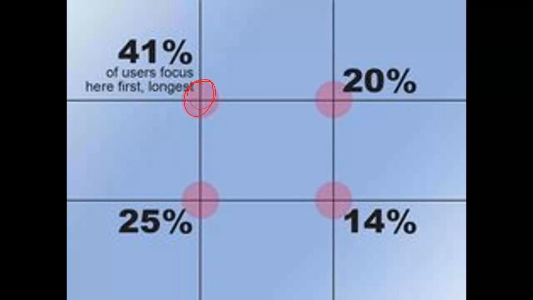Then 20% stared here the longest, 14% stared here, and 25% stared here. We tracked their eyes and where they looked on pictures. So we said, well, let's create crosshairs right here, right here, right here, and right here, and then let's connect those. And now we've got those drawn thirds like this, and we created this rule of thirds.